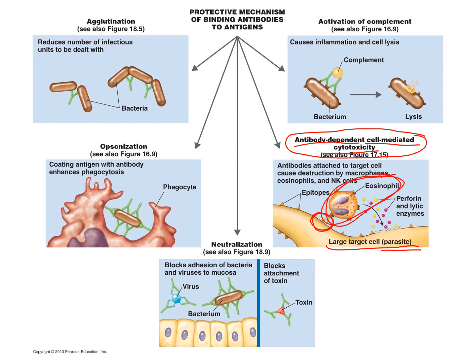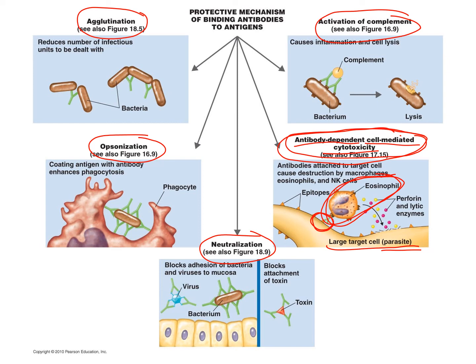So, the 5 benefits of having antibody bind to antigen: agglutination, activation of complement, opsonization, neutralization, and antibody-dependent cell-mediated cytotoxicity.